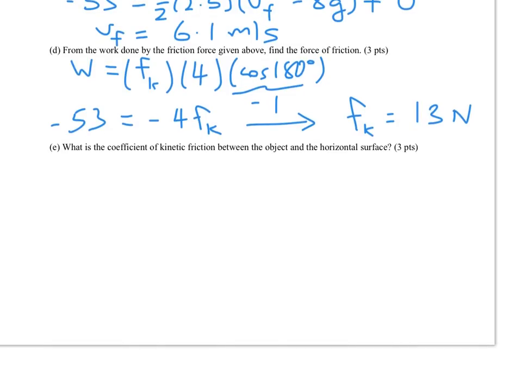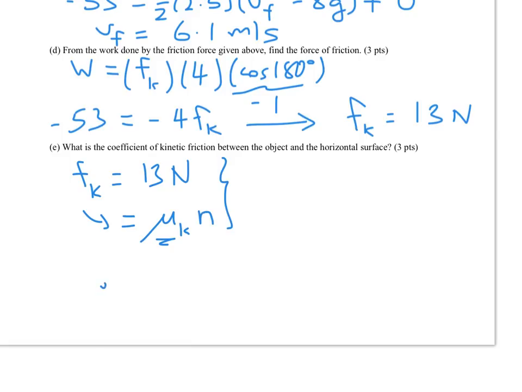It says, what is the coefficient of kinetic friction between the object and the horizontal surface? So you know the force of kinetic friction. But you know that kinetic friction is also equal to mu sub k, the coefficient, which is what you want to find, times the normal force. So in order to use this to solve for mu sub k, you have to find the normal force.